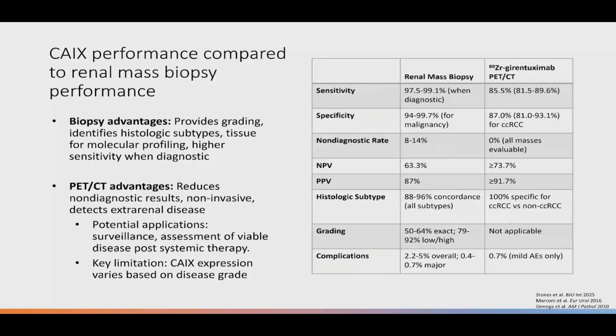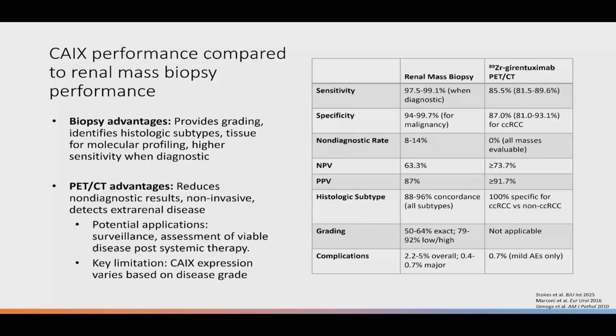It also has a higher sensitivity, again, when it's diagnostic. And contrary to a lot of the imaging modalities, it can provide information on whether this tumor is likely to be indolent or more aggressive.